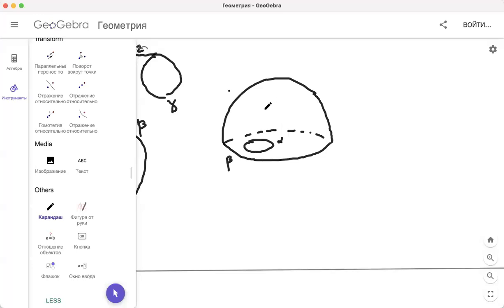And we can construct a cylinder intersecting this hemisphere in some curve. Here you have a symmetric picture. And then you can consider a pencil of quadrics generated by this sphere and a cylinder.